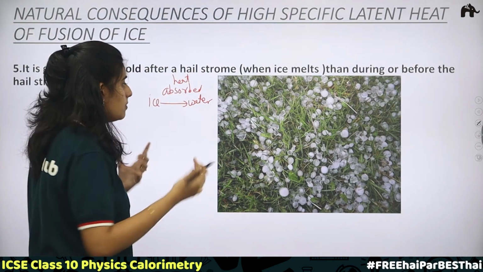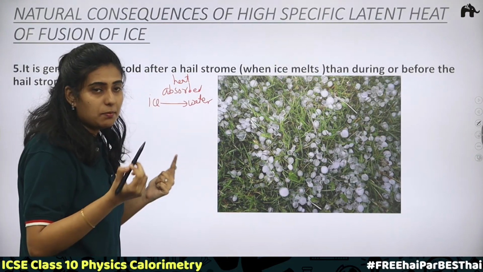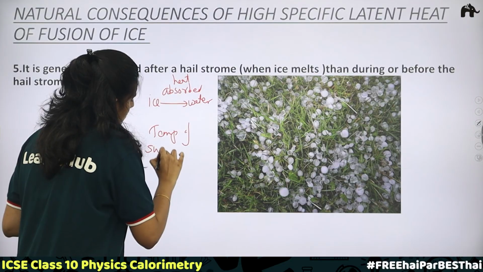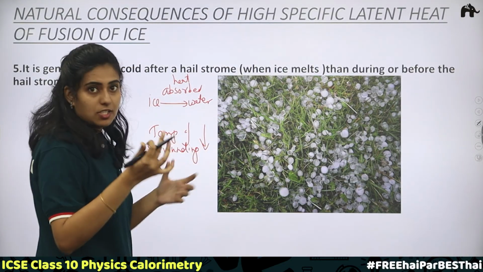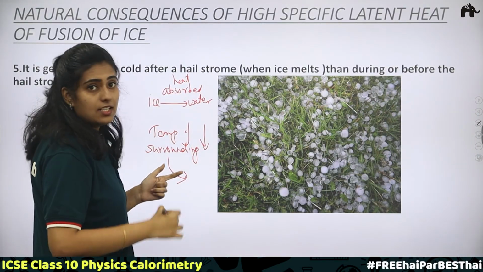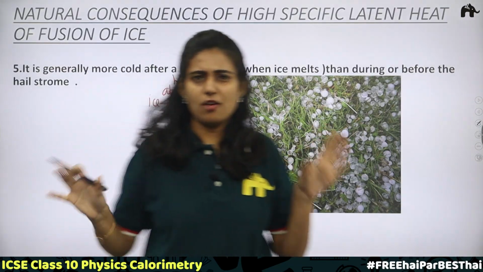Where does this heat come from? From the surrounding. What happens to the surrounding temperature? It will start decreasing because heat energy is getting absorbed. Due to this, the surrounding will become cold.